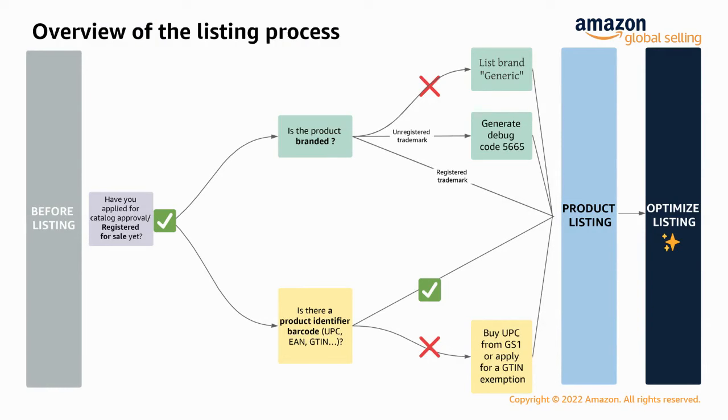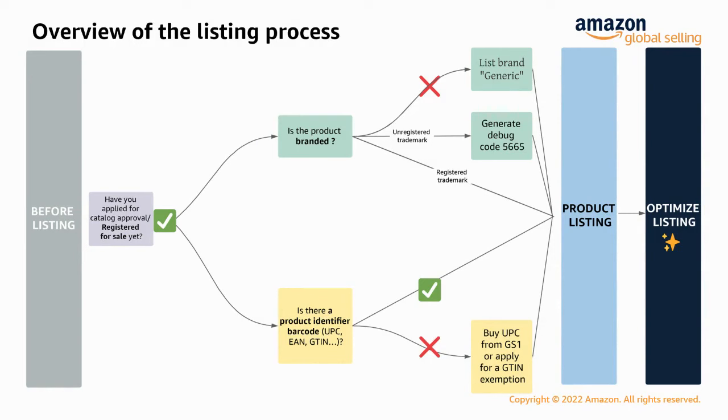Okay, this is something to help you decide whether or not you need to have a brand on your product. In our listing, there are quite a few products that don't have a brand. It will show as generic, which means there's no brand. Before listing, you can think about whether you need approval or not.